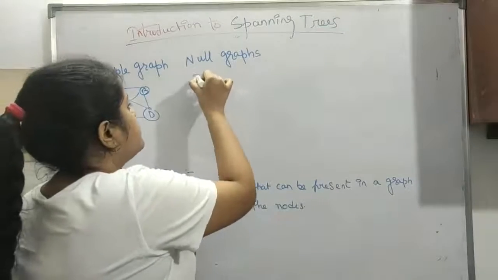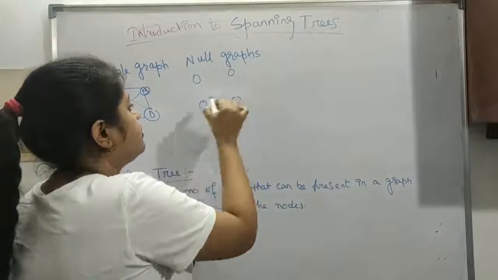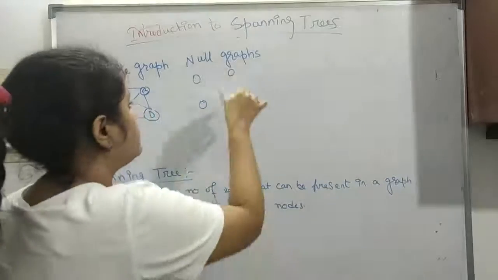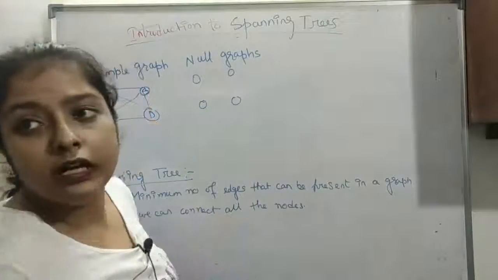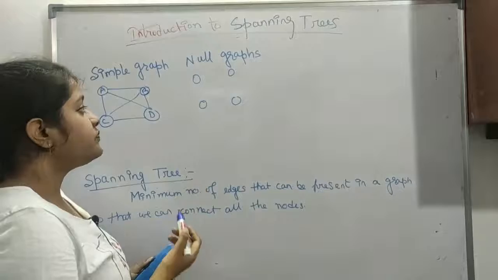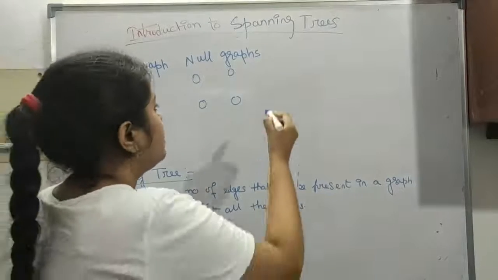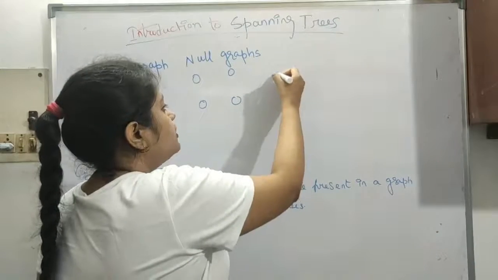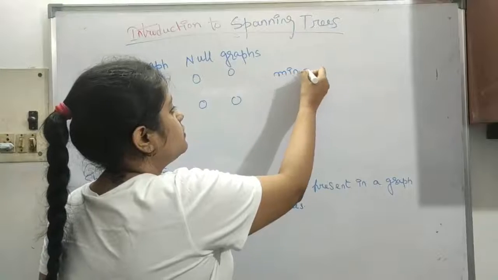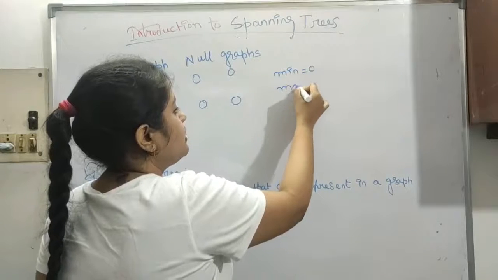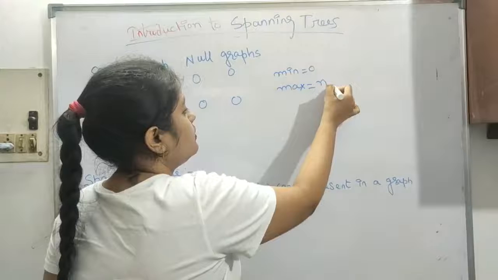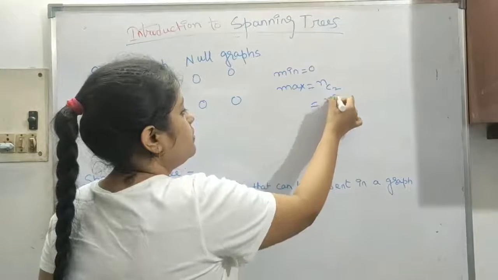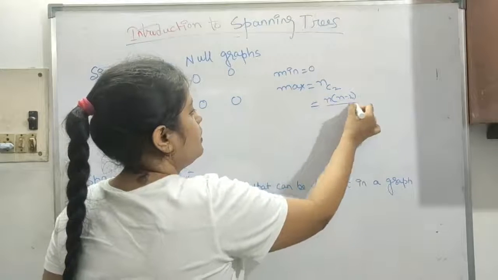And null graph means no edge is present. So there are just 4 nodes. So edges can range from a minimum of 0 to a maximum of C2, so n into n minus 1 by 2.